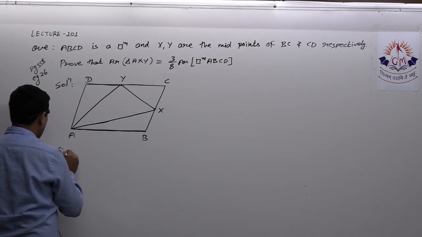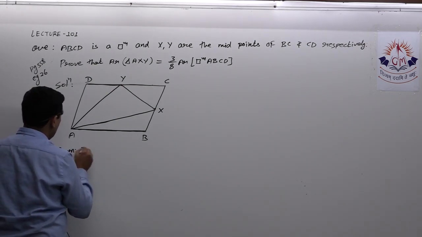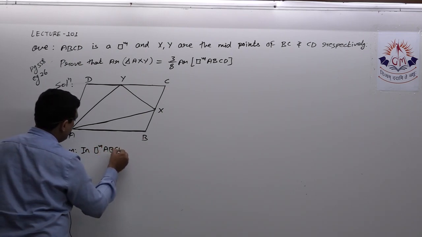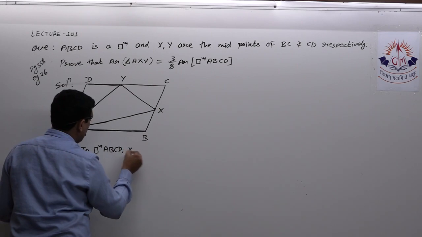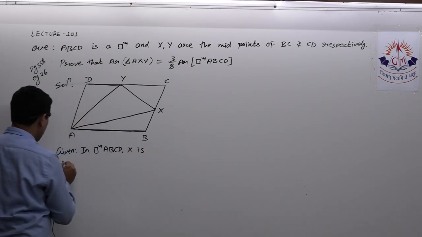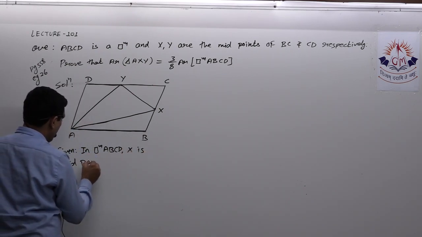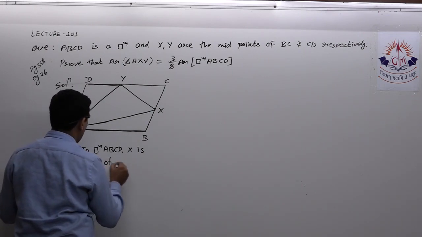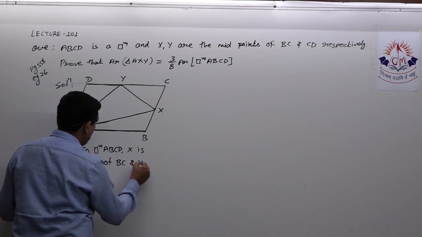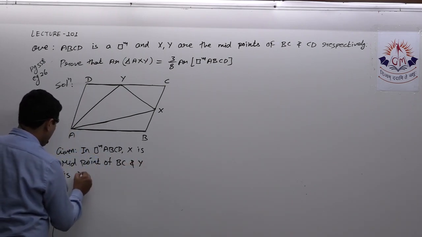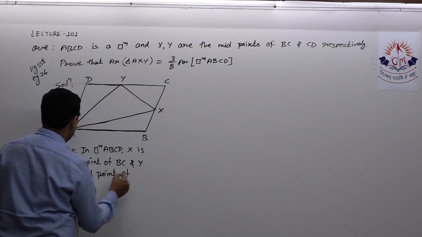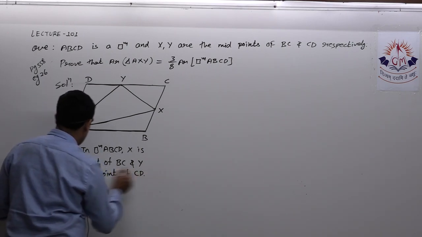First of all, I write what is given in parallelogram ABCD. X is the midpoint of BC and Y is the midpoint of CD.